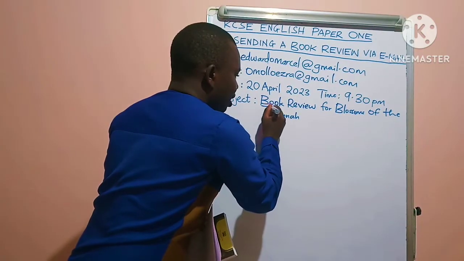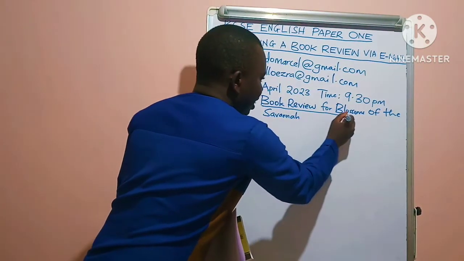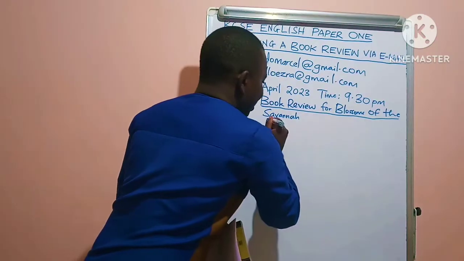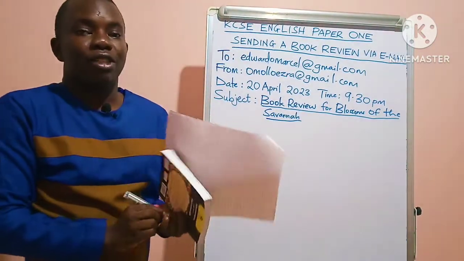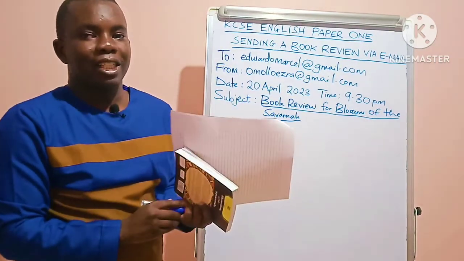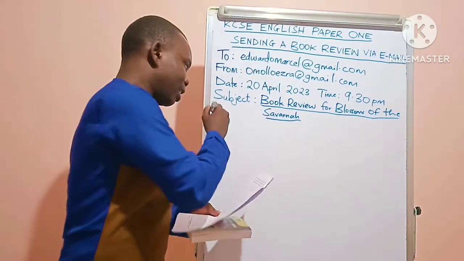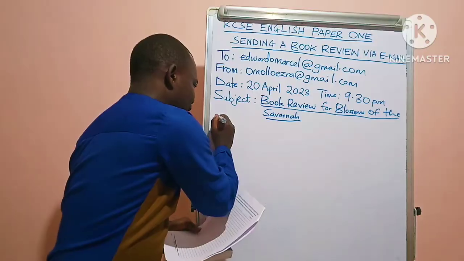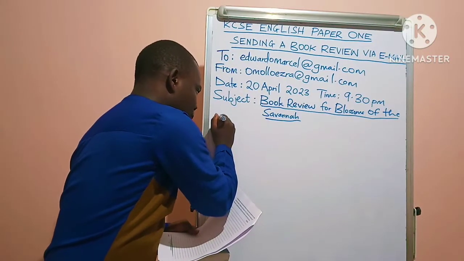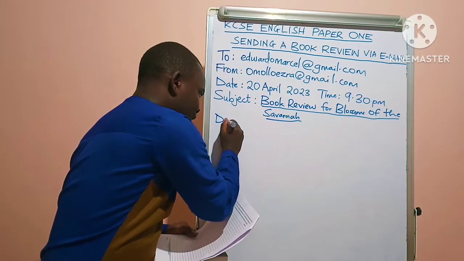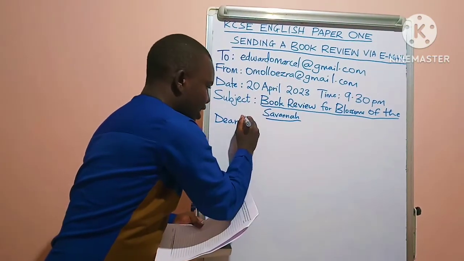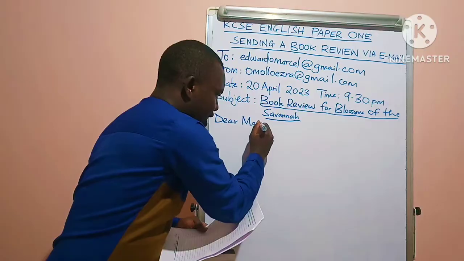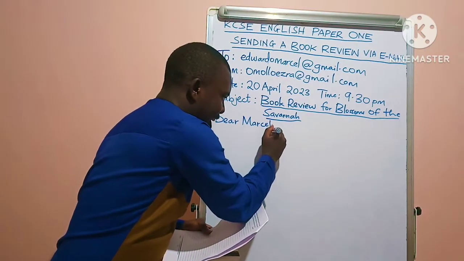Maybe to make it appear neat, underline it. So after the subject, we can go to the salutation, maybe at the body of the email, where maybe we say, "Dear Marcel."